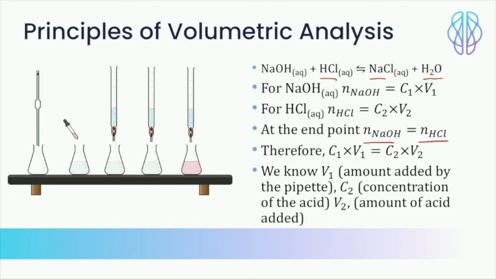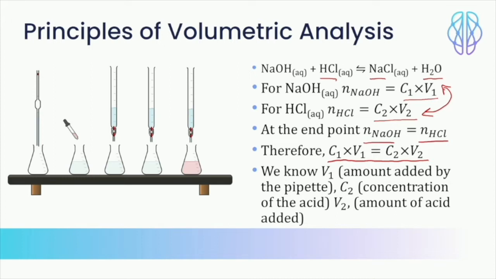I've represented that as C1V1 for sodium hydroxide and C2V2 for hydrochloric acid. So if the moles of sodium hydroxide and the moles of hydrochloric acid are equal at that point, that means these two expressions are also equal at that point, to give you something like this. This will come up a lot, so bear that in mind.